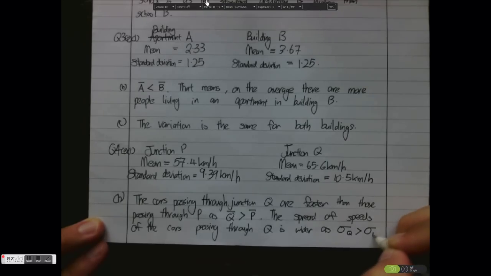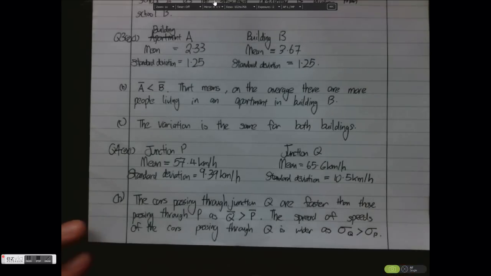Like this, you can talk about spread of speeds, or you can actually say that the cars passing through junction P have more consistent speeds. I repeat one more time, the cars passing through junction P have more consistent speeds because the standard deviation of P is lower than that of Q. In this case, I look at it from the point of view of junction Q. The spread of speeds through Q is wider than that of P as the standard deviation is greater.